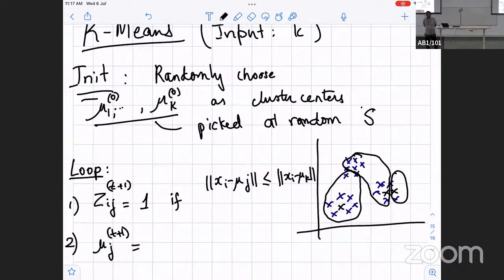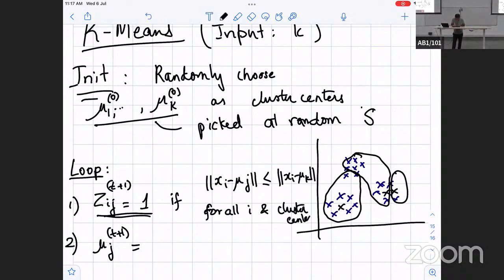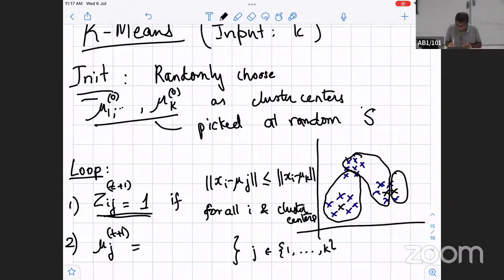Here Zij is computed for all i and all the cluster centers. And mu j of t plus 1 you will check for every j which goes from 1 to k. Is that okay? So you will compute all the cluster centers.